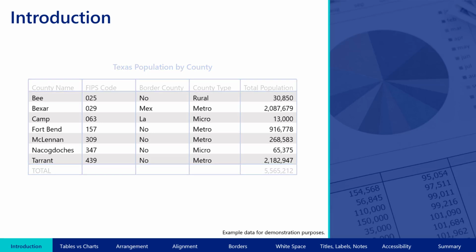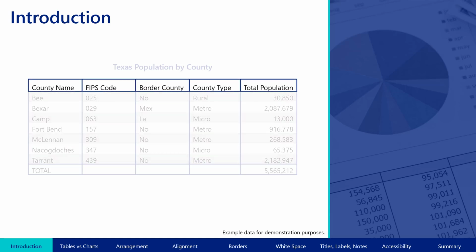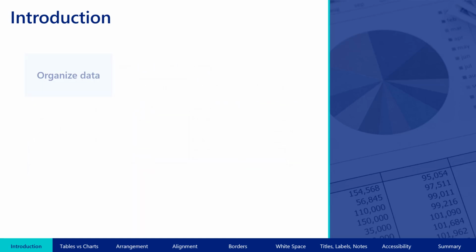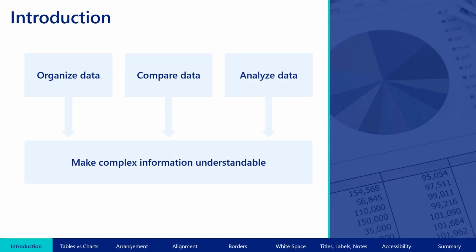Each row in a table typically represents a single record or entry, while each column represents a specific attribute or variable related to those records. Tables help in organizing, comparing, and analyzing data to make complex information more understandable. They are a powerful tool for simplifying intricate datasets to aid in decision-making processes and achieve desired outcomes.